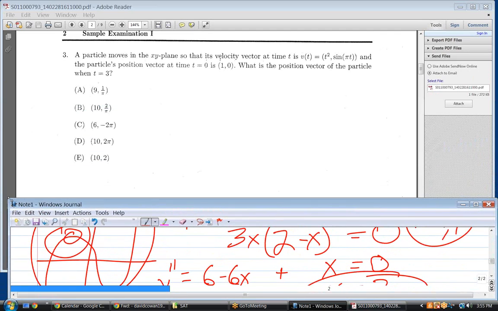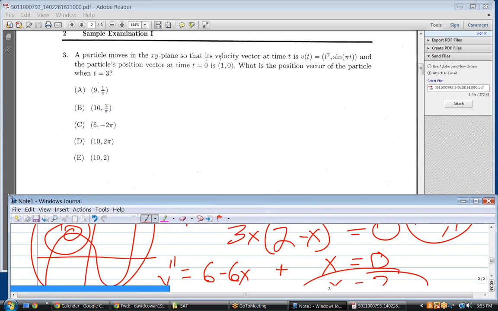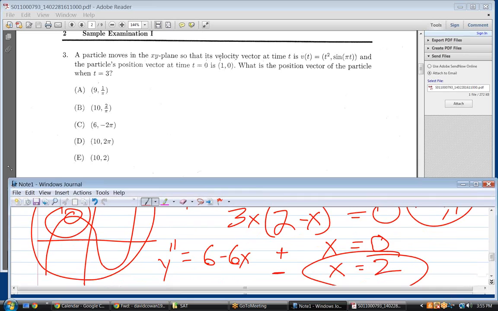Might be worth taking a look at the answers just to see if they're in terms of pi or numbers. In this case, it looks like there's a lot of pi's in there.